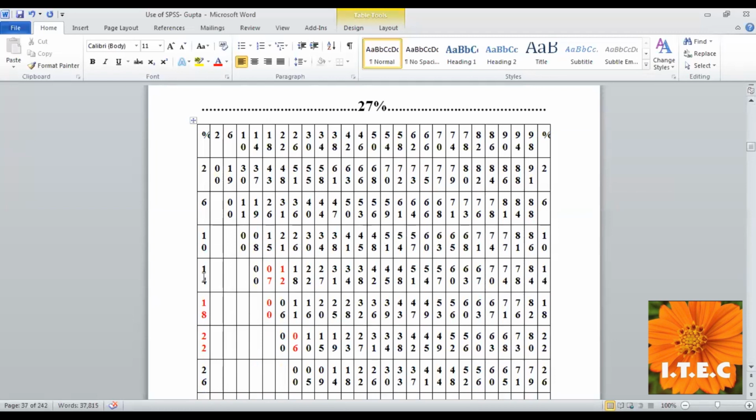So 16 will be somewhere here. Because 16 and 20, that means I should have taken this as 14, and then I have taken 16, correct. So I should not take this.